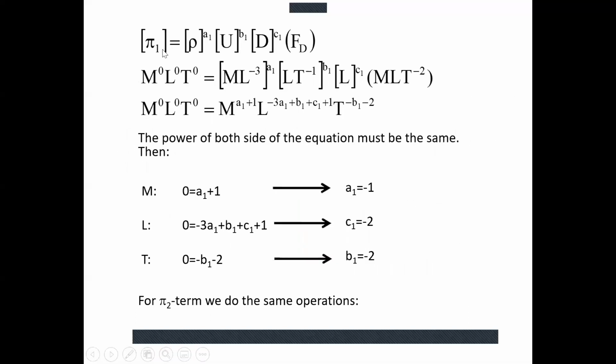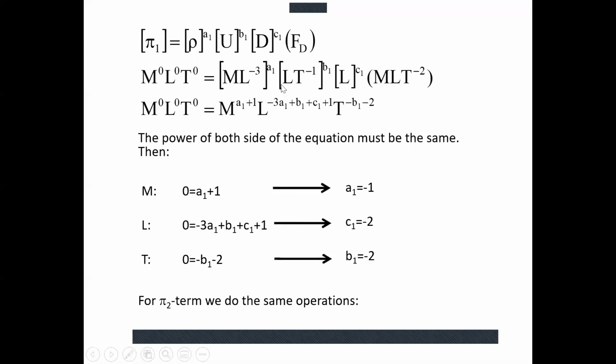Have a look at pi 1. We have rho to the power a1, u to the power b1, d to the power c1, and Fd. We know that pi 1 is dimensionless, meaning that it should have M to the power 0, L to the power 0, and T to the power 0. On the right-hand side, we have the dimension of density, mass divided by length cubed, to the power a1.